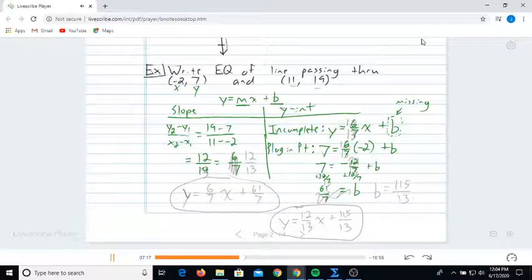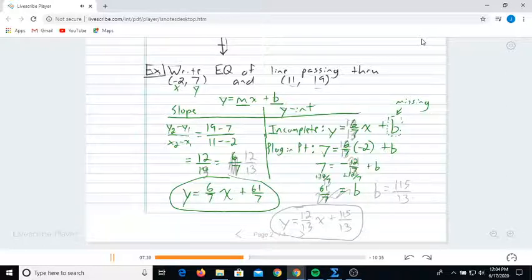So there's our equation. Y equals 6/7 x plus 61/7. Remember to represent the variables as variables, so we're writing them as letters, and the constants as constants, so we're writing those as the number that they are for this particular line.